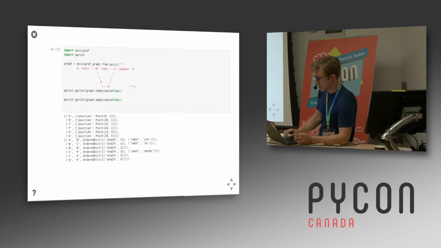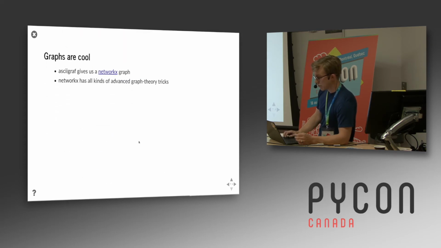Here's a more complicated example. We've got some labels on the lines, and you can see we have nodes A, B, C, D, E, F, they have positions, and we have all these edges, and the ones that have labels show up in our data structure. So that's kind of nice. So graphs are cool. ASCII graph gives us a NetworkX graph, which is another open source library. If you do any network stuff, you should check it out because it has a lot of features.